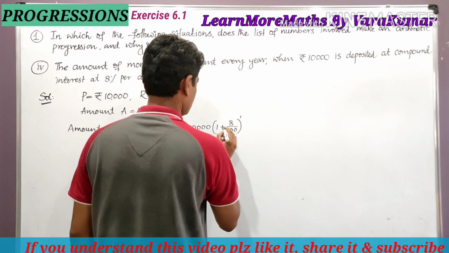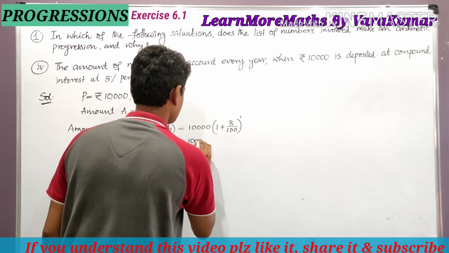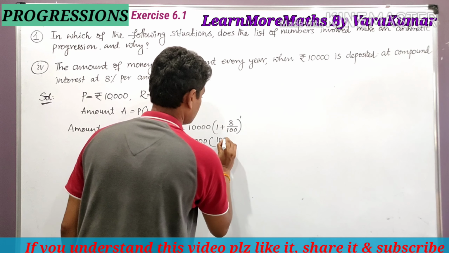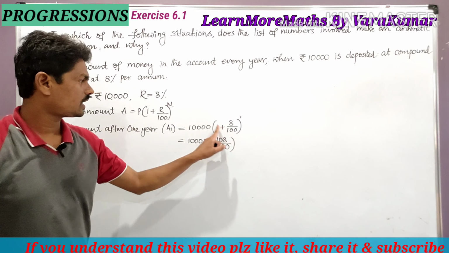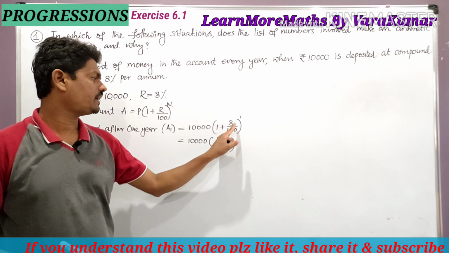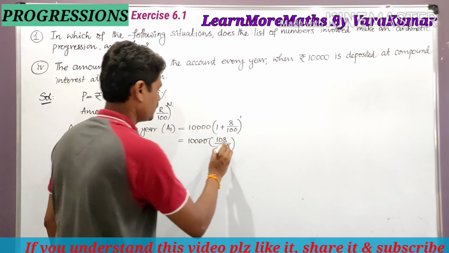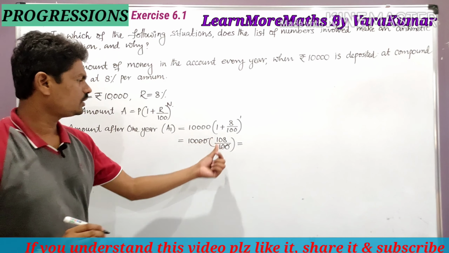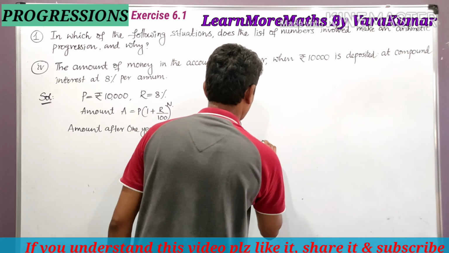Now see how much it is: 10,000 into, find the LCM, 100 plus 8, directly I am writing 108 by 100, student. So here 100 into 1, 100 plus 8, 108 divided by 100. These two zeros get cancelled. We get 100 into 108, so we get 10,800.